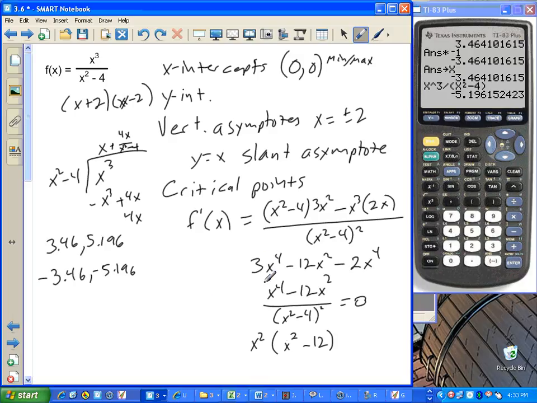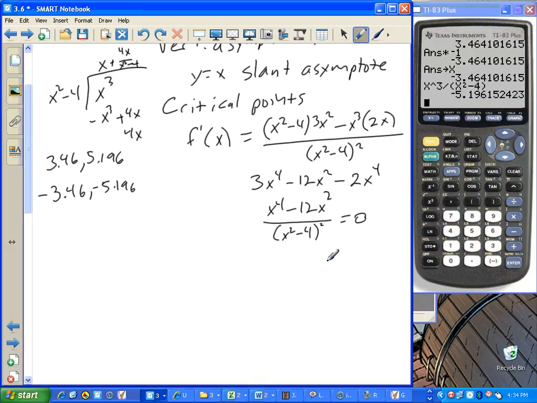I need points of inflection, so I'm going to take the derivative of this thing to get my second derivative here. Let's see.